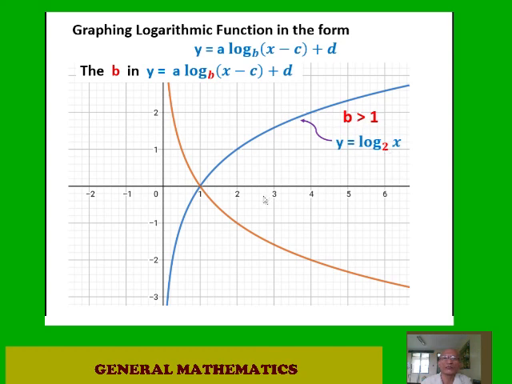If it is less than 1, here is the graph of log x base 1/2. So the graph reverses, starting from up, going down. In our original function, it starts from down and curves up. That is how the base in the logarithmic function changes its corresponding graph.